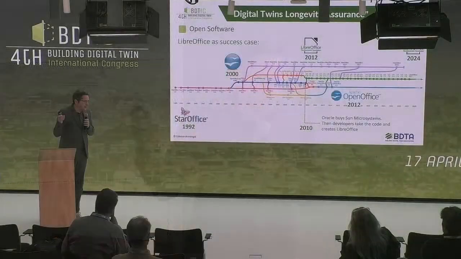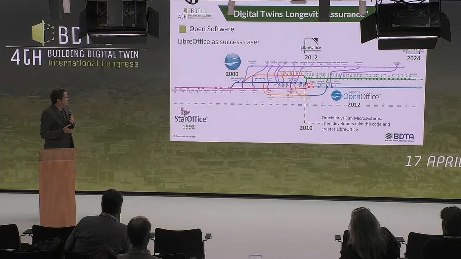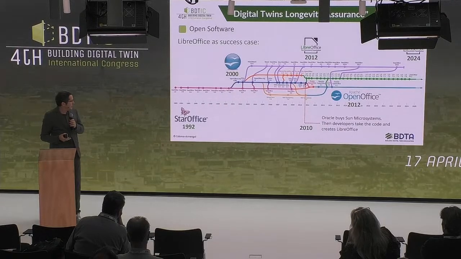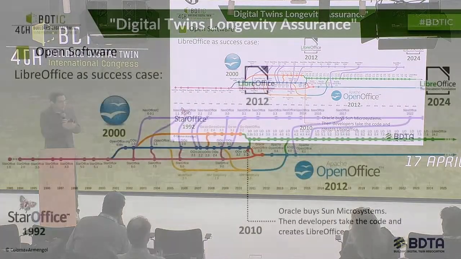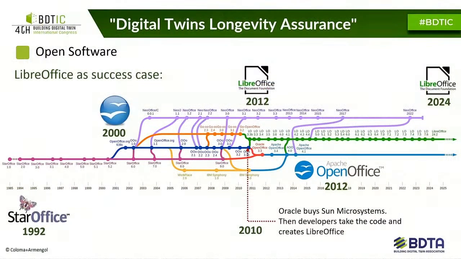Let's see one sample of this behavior: we can talk about the StarOffice history, which began more or less in 1992, but in 2010, the company that maintained that open software, StarOffice, was bought by Oracle.